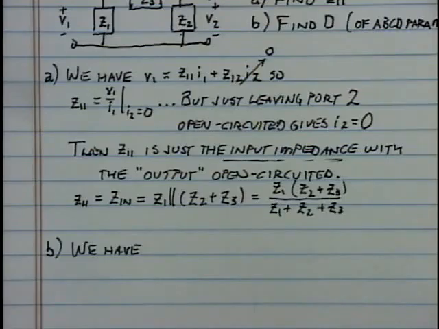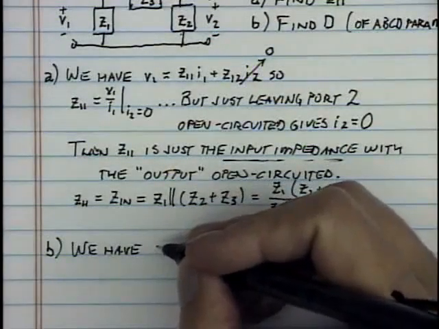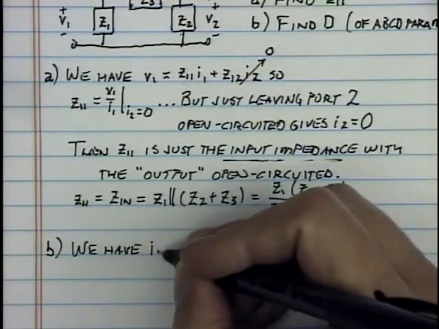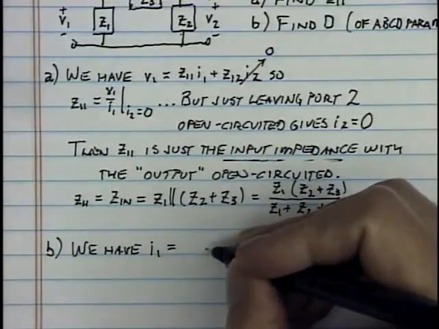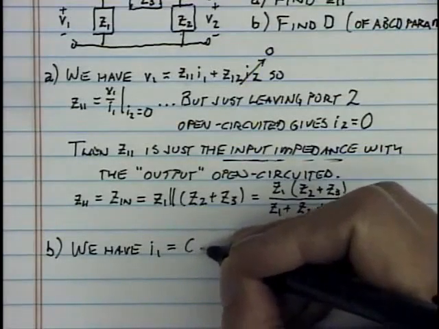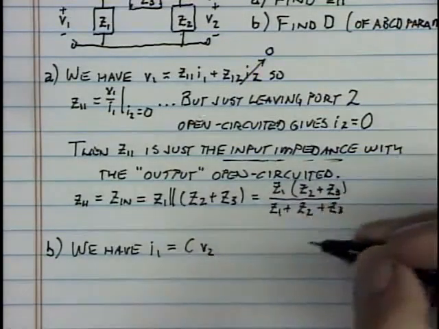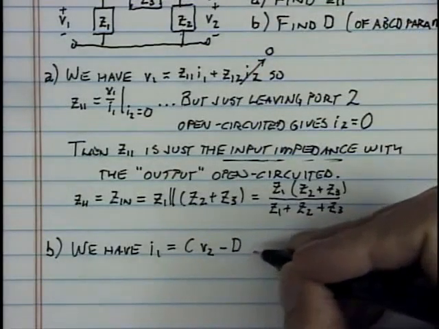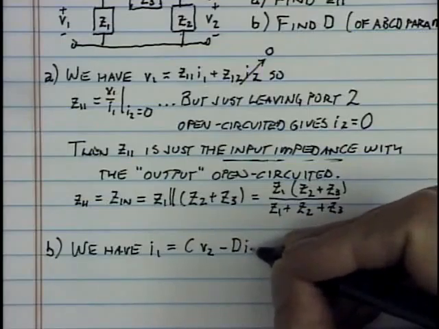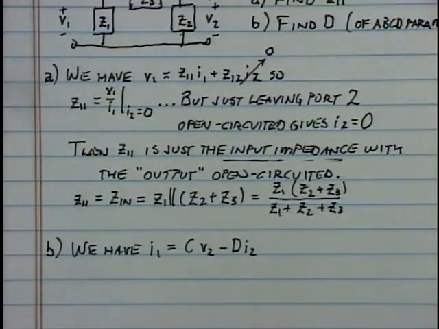That's the one that's in terms of D. And reading off that equation, it says I1 is equal to C times V2 minus D times I2, where that minus sign was that curious minus sign that was associated with I2 that I'll be explaining presently.